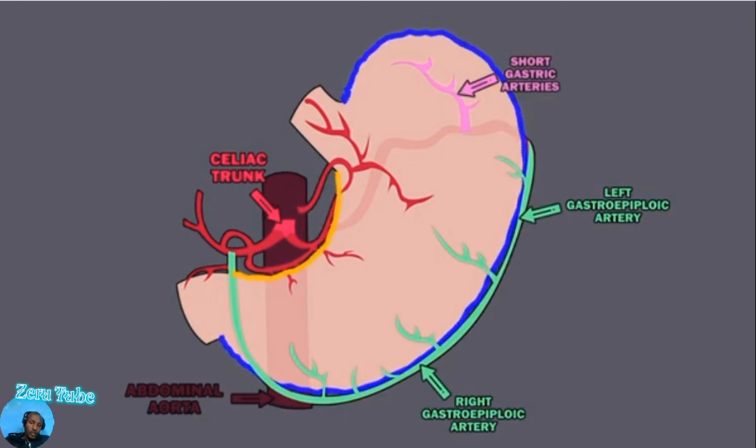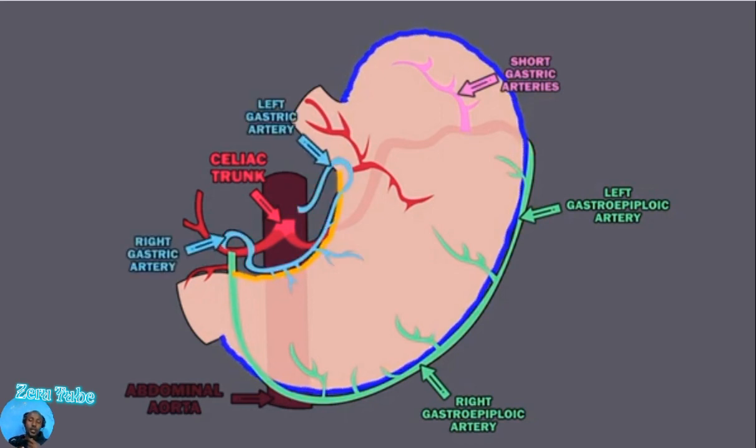When we look at the arteries which supply the lesser curvature, there are two arteries. The left gastric artery is branched directly from the celiac trunk, and the other artery which gives blood to the lesser curvature is the right gastric artery. This artery is mainly derived from the hepatic proper artery.